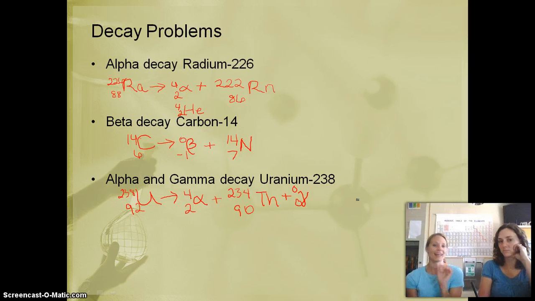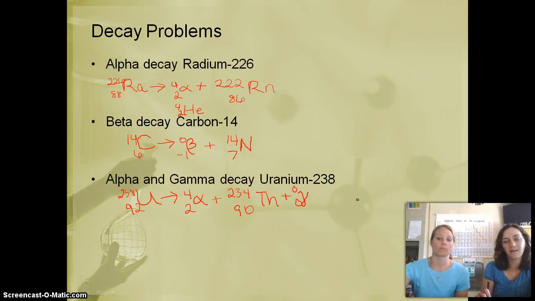So we still show that it has nothing by using 0, 0, and we have to show that gamma was given off because it is energy. It was used, it's there. So that's it though. Okay, so alpha, beta, gamma, we'll go over them in class. But again, they are on your cheat sheet, and once you know how to do them, they're very easy to do. Make sure for beta you're adding because you're subtracting a negative, which turns into adding.